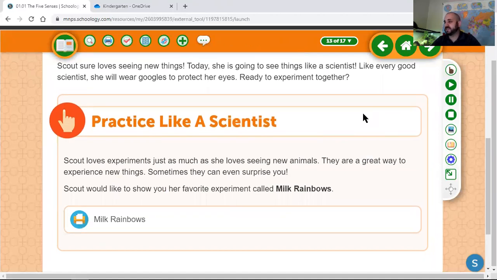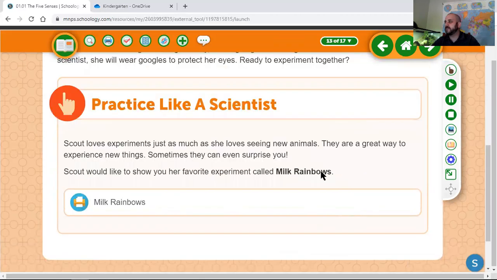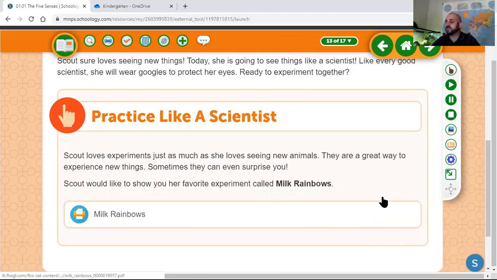Practice like a scientist. Scout loves experiments just as much as she loves seeing new animals. They are great ways to experience new things. Sometimes they can even surprise you. Scout would like to show you her favorite experiment called milk rainbows. And this is an extra activity that you might be doing with your teacher.